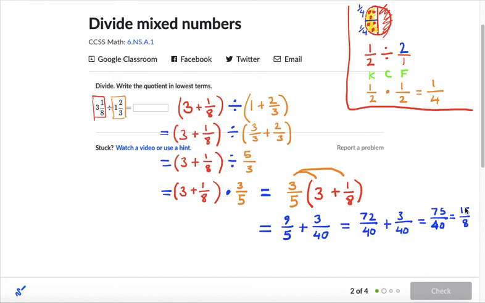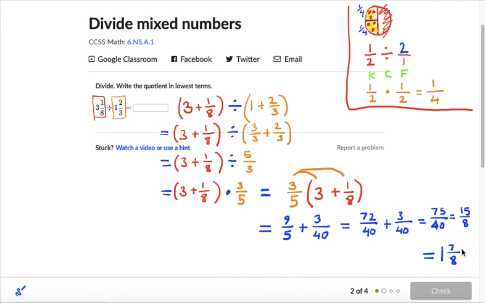So 15/8. Now it's written in lowest terms, so 15/8 is what we're looking at here. You could always, like, you're going to need the 8th anyway. You could have found out how many 40s go into 75, and you'll see that as well. We can see it's 1 and 7/8 is what our mixed number is. 1 and 7/8 right there.